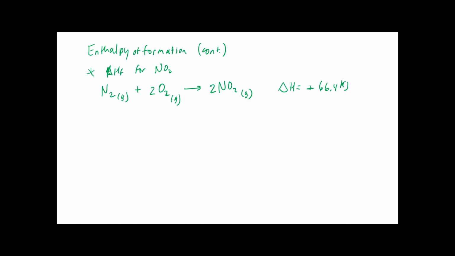All right. So now the question is, what is delta HF for NO2? All right. And you can do this by pretty much solving backwards.